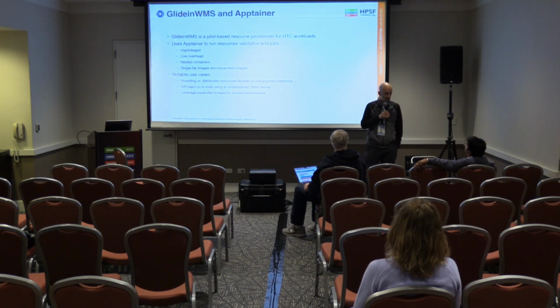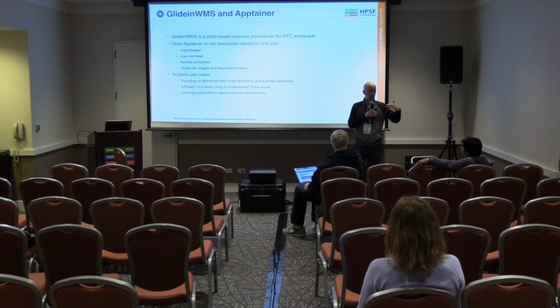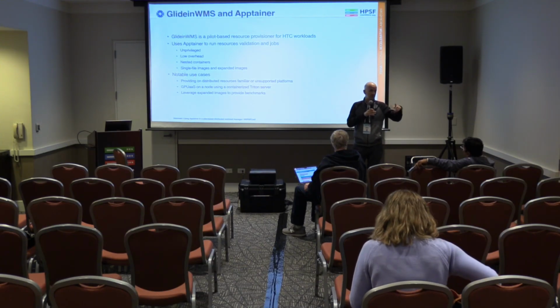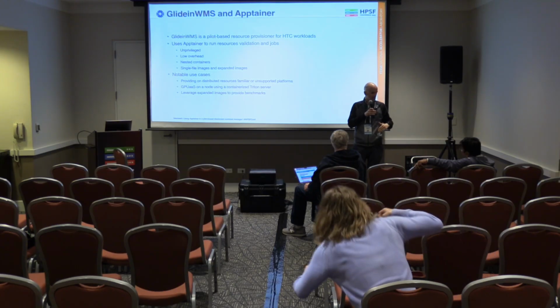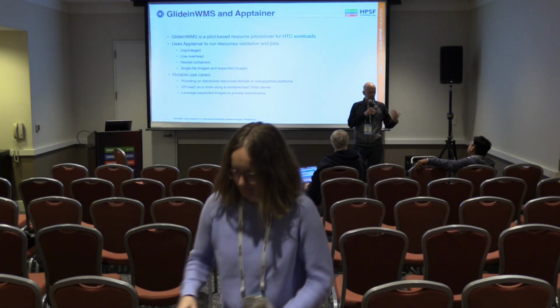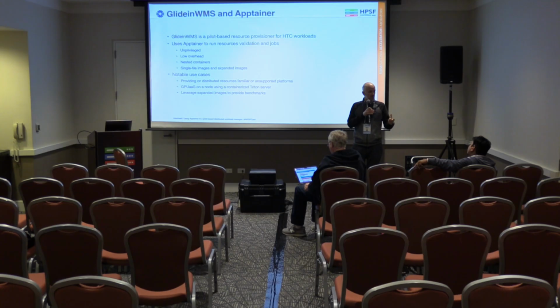So we use Apptainer within the Glidein. We have a set of, it's actually a shell script. It uses a library of functions that we can use or other scripts can use. And this takes care of the setup of the initial environment, looking for the executable, matching the exact image, and starting up Apptainer so that people can use it and run correctly.